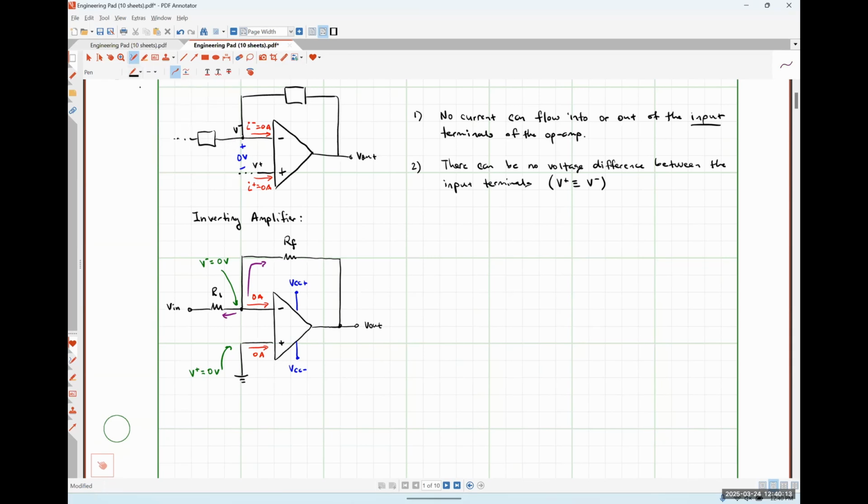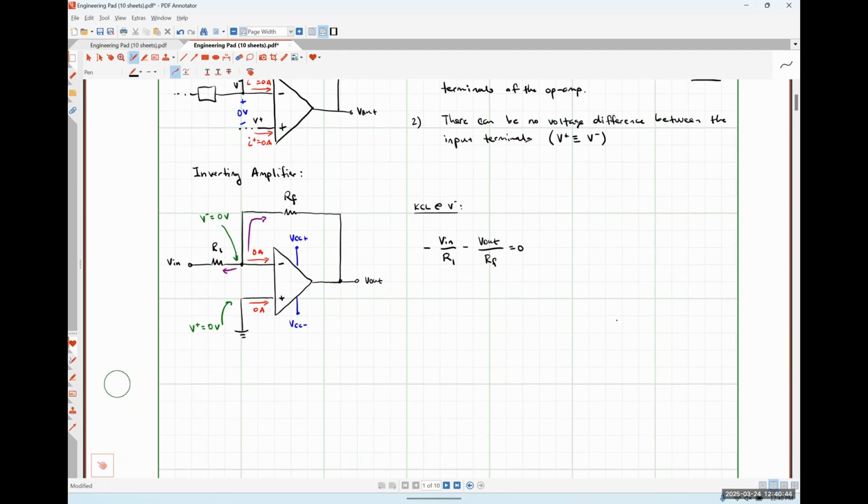And so this will just be KCL at V minus. What I'll wind up getting is 0 volts minus Vn, so I'm just going to write this as negative Vn divided by R1, plus my current flowing to the right through RF, which is 0 minus V out. So I'm just going to write that as negative V out over RF is equal to 0.